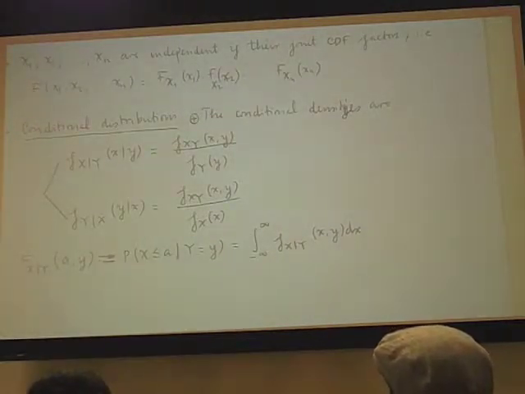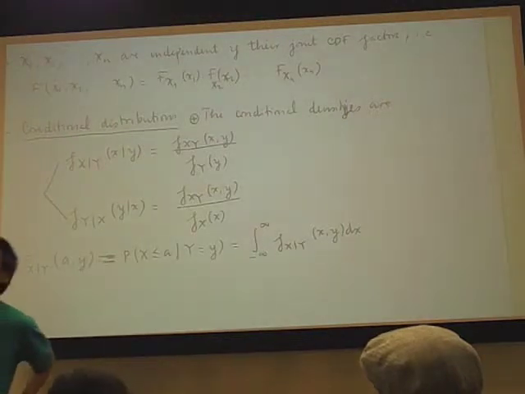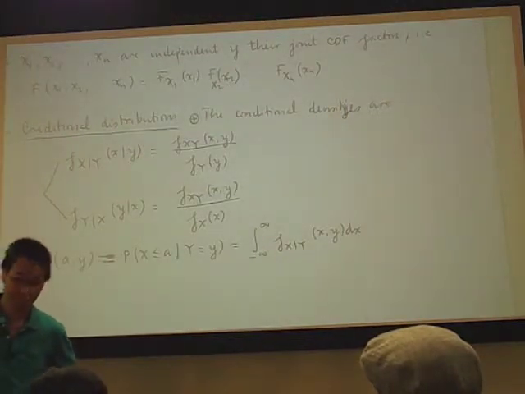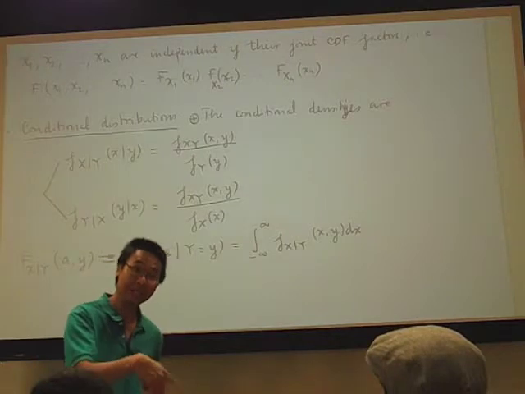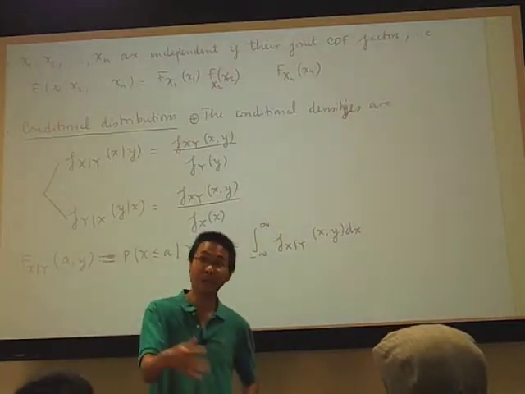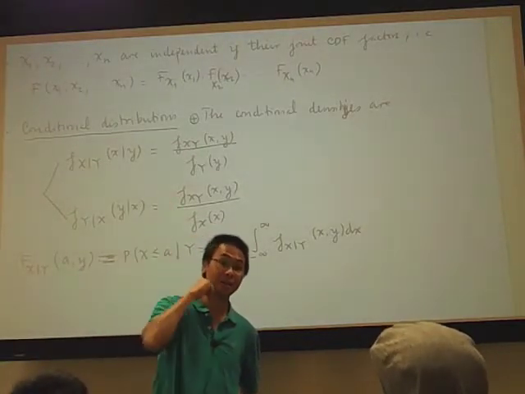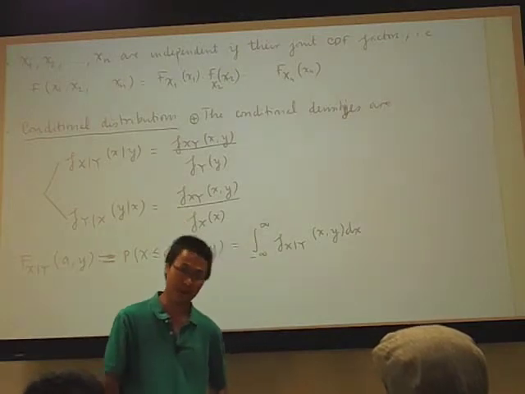And likewise, you can also compute the conditional CDF as well. But I claim that is clear, because if you know the conditional density right here, you just integrate, you get the other. To get the CDF, you just integrate the density. To get the density, you just take the derivative of the CDF. So if you know one, you know the other. That's all.